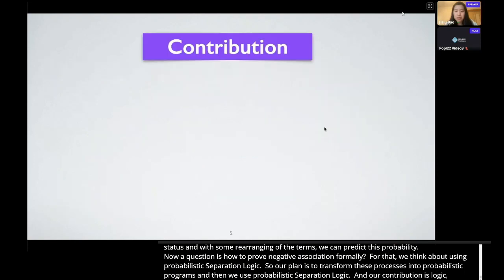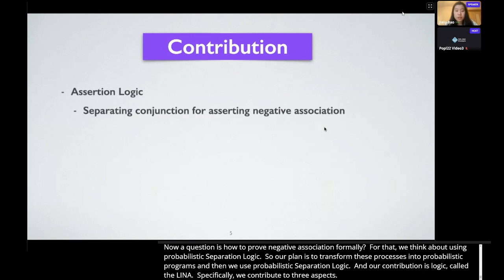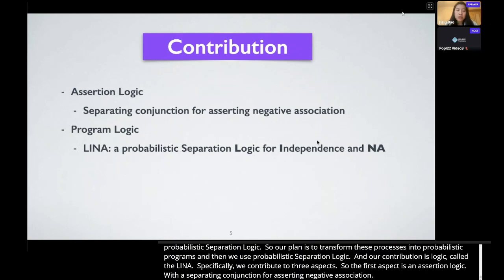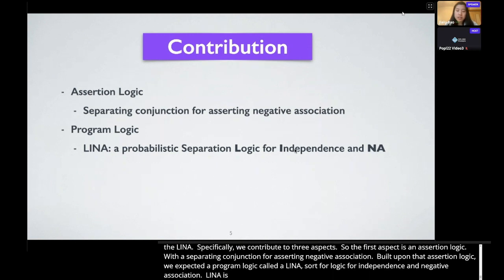Specifically, we contribute to three aspects. The first aspect is an assertion logic with a separating conjunction for asserting negative association. Built upon that assertion logic, we develop a program logic called LINA, short for a logic for independence and negative association. LINA is a separation logic for reasoning about probabilistic programs.